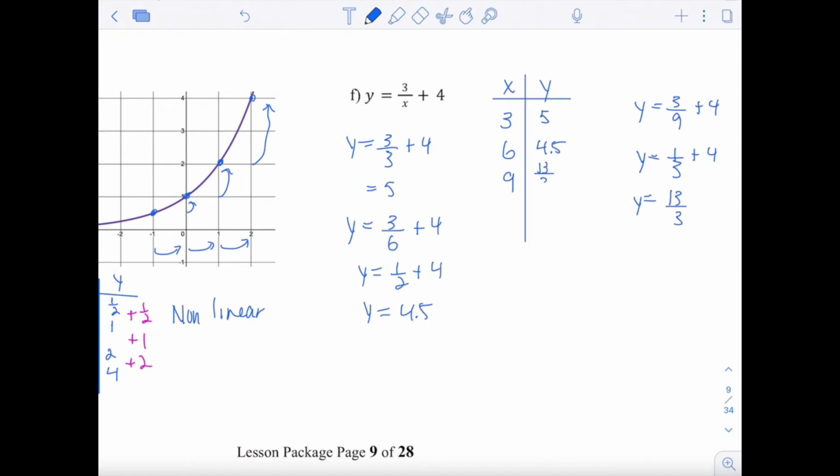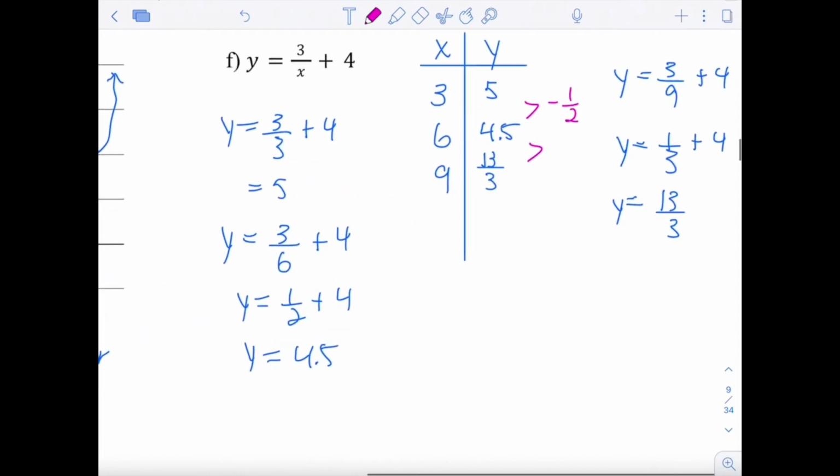So finding the first differences, do we want to use decimals? We could, but I can see definitely that this is -1/2, and this one is not -1/2. We can figure it out by taking a half, subtract a third. Let's do it.